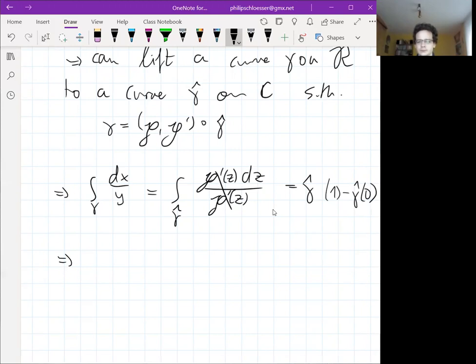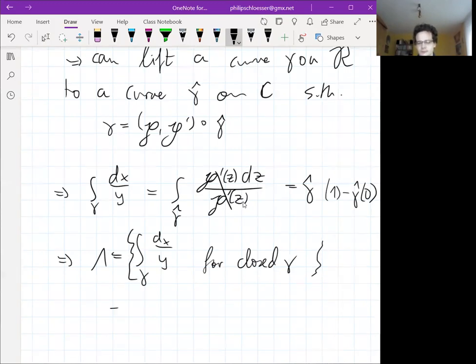So what does that mean? The lattice that we've defined as the periods of that integral for closed gamma is actually equal to the lattice we had originally.